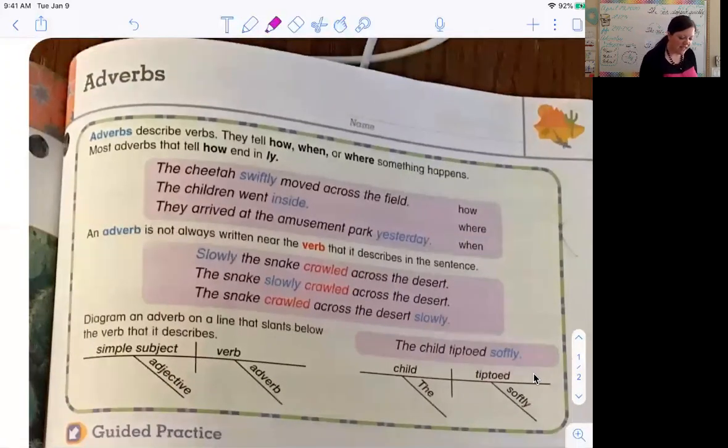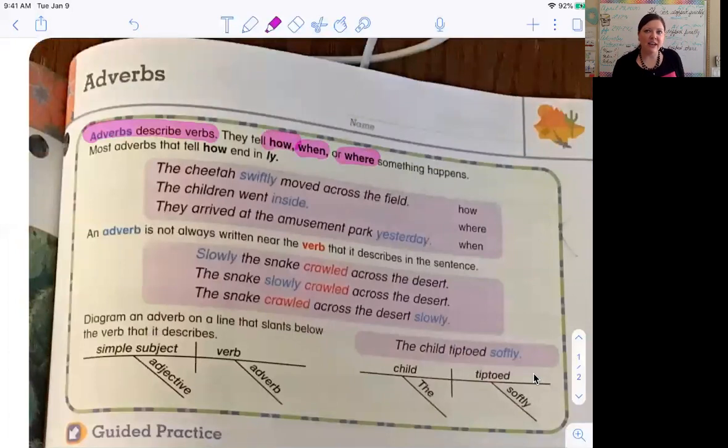Please notice this, that adverbs describe what? They describe verbs. Now, we have some different questions than what we had with adjectives, so it's important to know the difference. Let's go ahead and mark these questions. They tell how, when, or where something happens, okay?